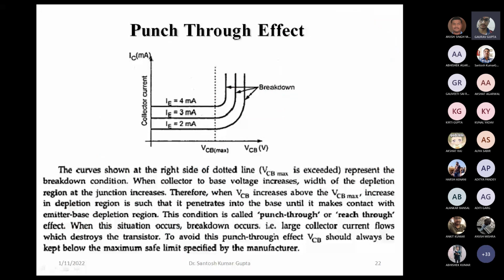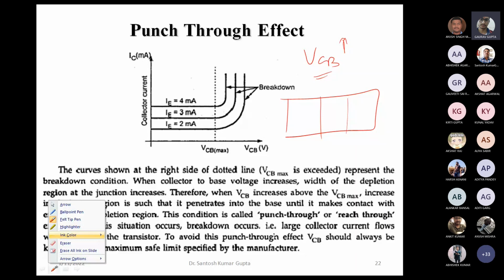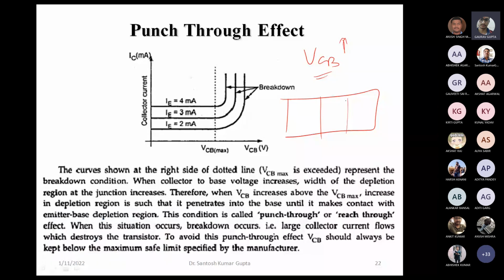One more thing that is interesting to look at is the punch through effect. We have seen here that as we increase VCB, the depletion region at the collector junction increases. But the collector is heavily doped as compared to the base, so there is more penetration inside the base.